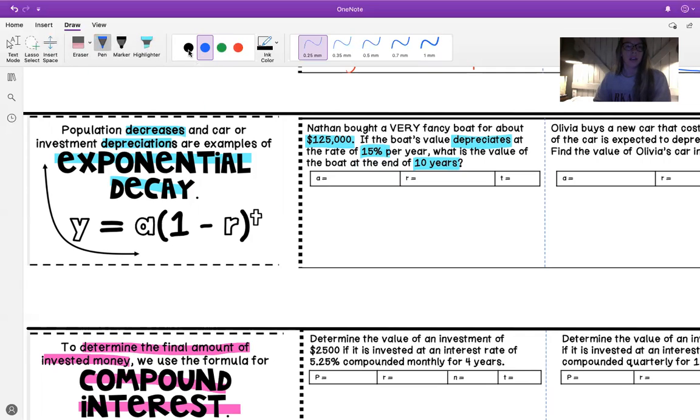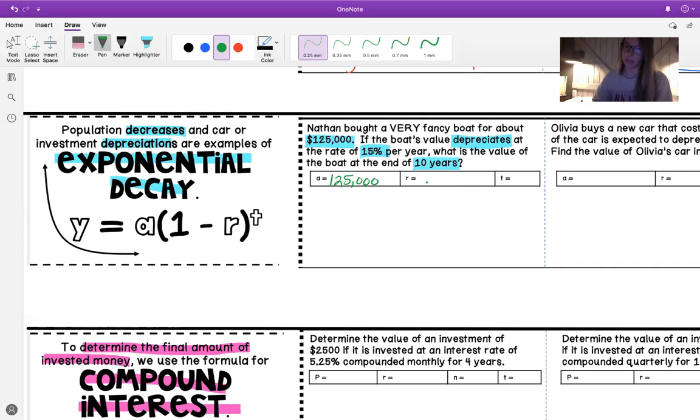All right, so let's see what information it gives us. So A, remember, it's the same thing for growth and decay. A is that starting amount. So the starting amount of the boat was $125,000. And it loses its value at a rate of 15% per year.